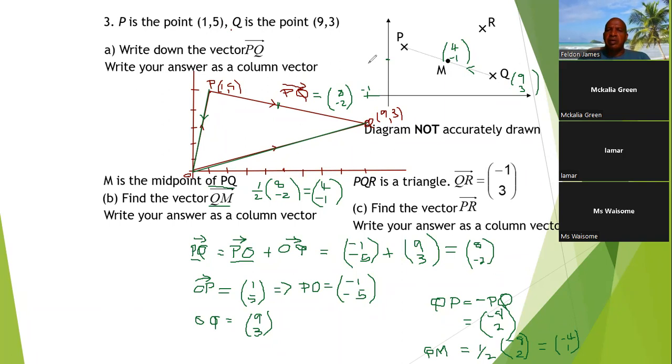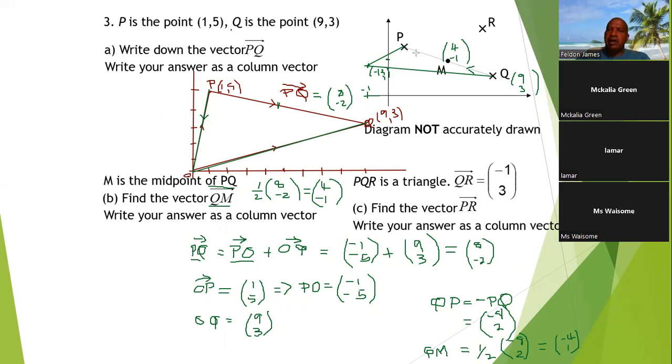So -1 and 3 will be right here. And this point is where you have the vector from Q to R. But they are now saying that PQR is a triangle such that QR is equal to that. Find the vector of PR.